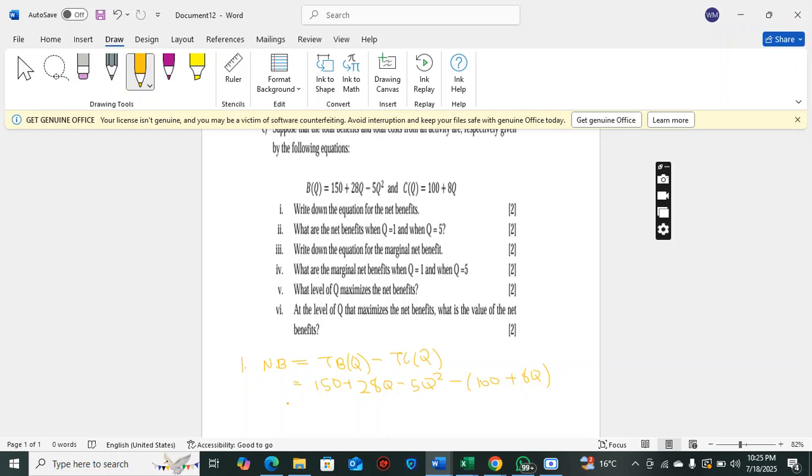So we have to simplify this equation. We're going to write 150 plus 28q minus 5q squared. Then here we need to distribute this negative sign. We're not going to just write 100 plus 8q. So negative 1 times 100 is negative 100, and negative 1 times 8q gives negative 8q.